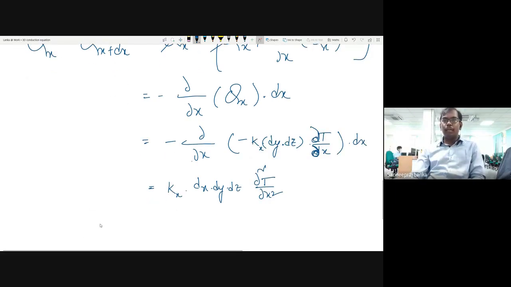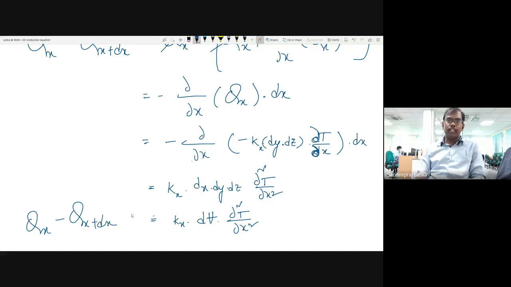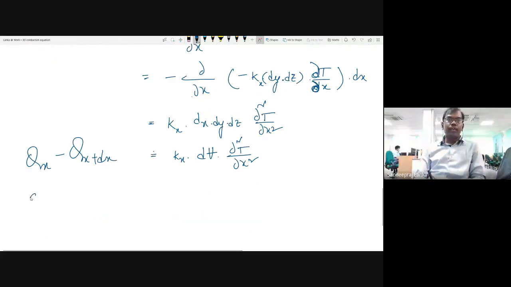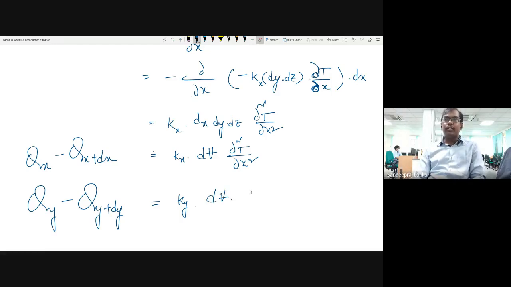So qx minus qx plus dx will be equal to kx into dv into dou square t by dou x square. Similarly, if you do for qy minus qy plus dy, this will be ky into dv into dou square t by dou y square.